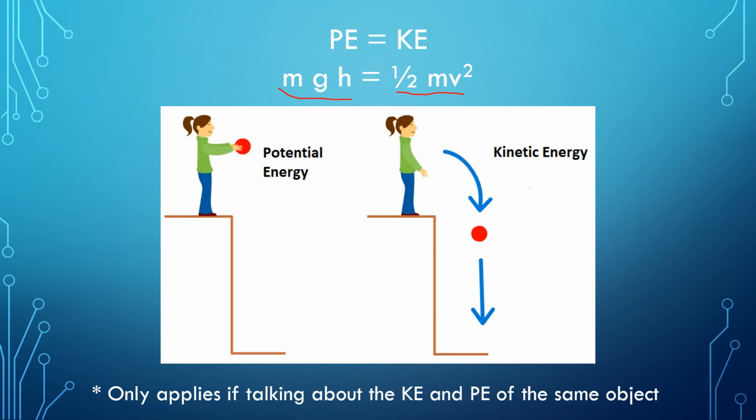Since potential energy and kinetic energy have to be equal to each other due to the conservation of energy, that 12 joules of potential energy is going to be fully converted into 12 joules of kinetic energy. So if you are talking about a specific object, whether it be a ball, a bird feeder, an acorn in a tree, an iron on an ironing board, its potential energy is going to equal its kinetic energy if it falls.